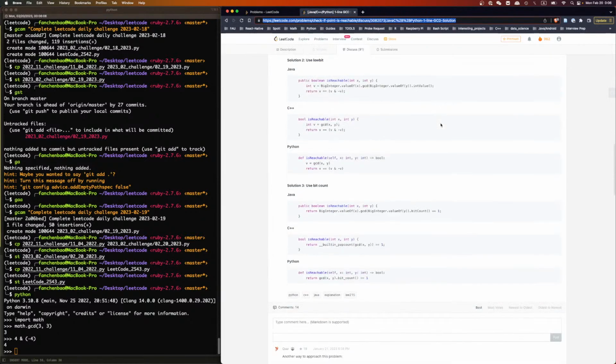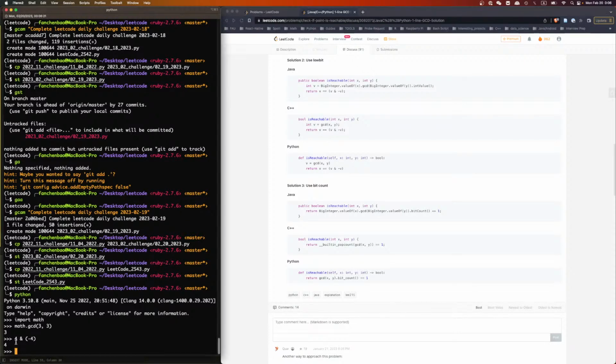Python, the negative is bit count. Oh, you can check. Because 4. Minus. I know Python does minus very differently.